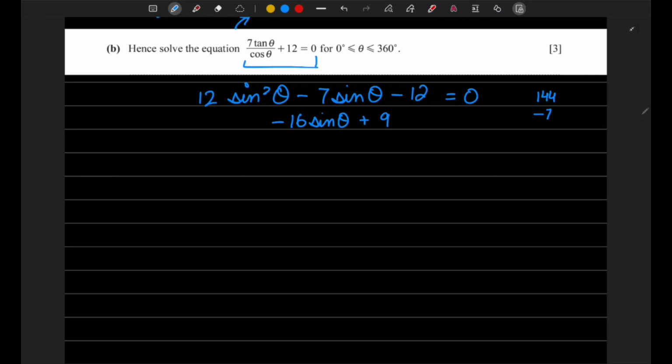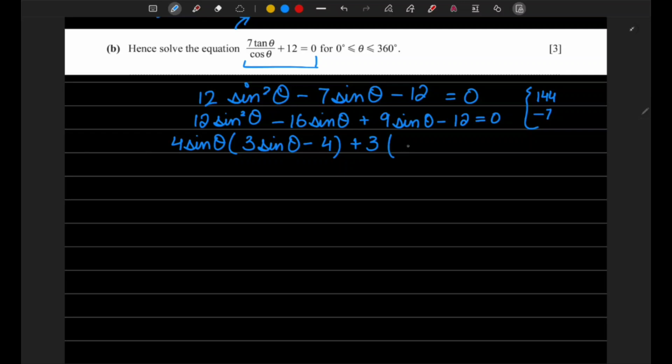On multiplication this will give you 144, and upon adding you will get minus 7 sine theta. So we have 12 sine square theta minus 16 sine theta plus 9 sine theta minus 12 equals 0. Taking 4 sine theta common, we get 4 sine theta times 3 sine theta minus 4, plus 3 times 3 sine theta minus 4 equals 0.